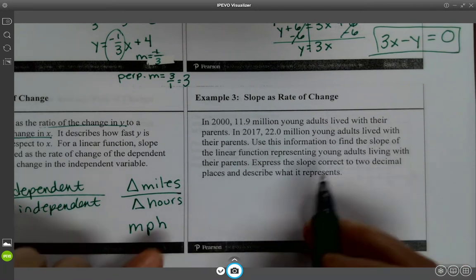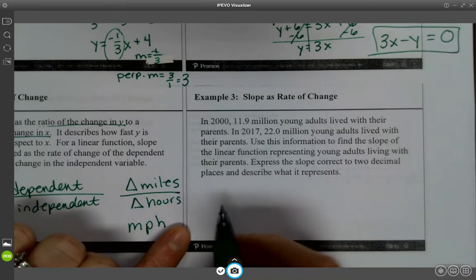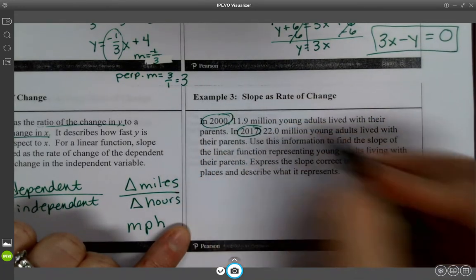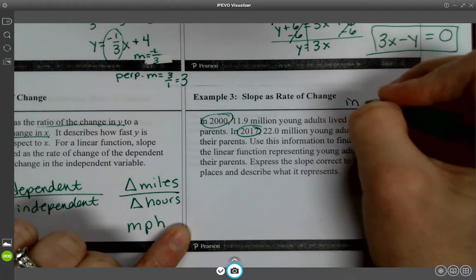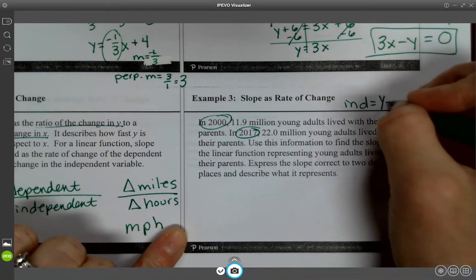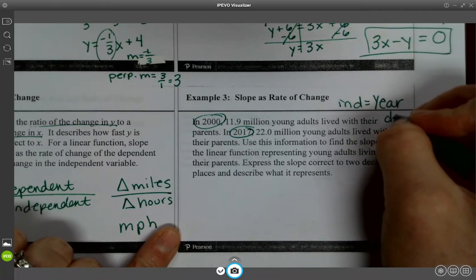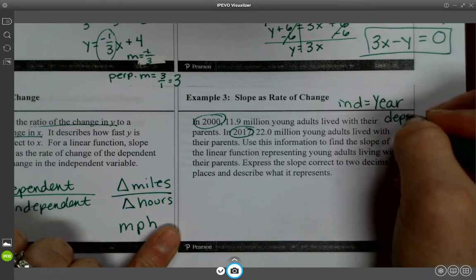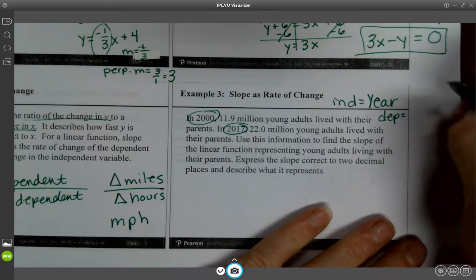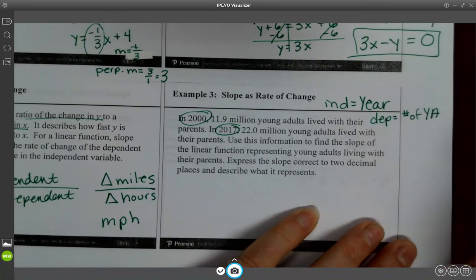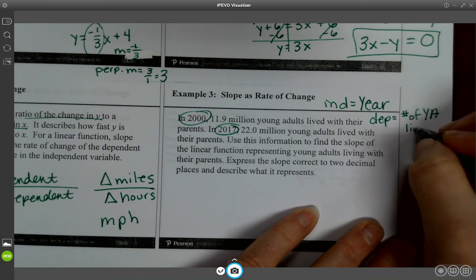So let's think about it as our independent would be years. Our dependent is going to be how many young adults live with their parents, so number of young adults living with parents.